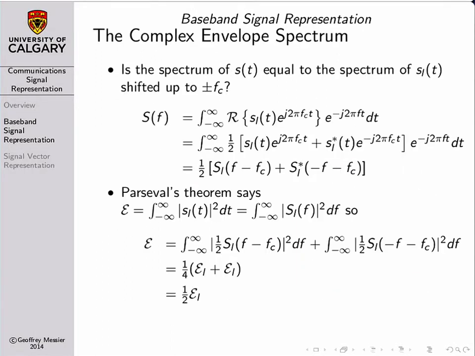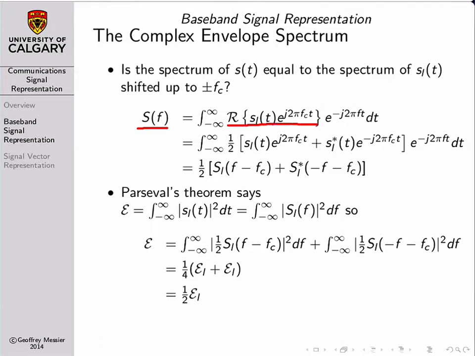At the start of our discussion of baseband signals, I suggested that this baseband equivalent signal is formed by shifting the spectrum of the passband signal down to DC. The purpose of this slide is to show mathematically that this is exactly what happens. We define the spectrum of the passband signal, S(f), as the Fourier transform of the passband signal expression that includes the complex envelope.